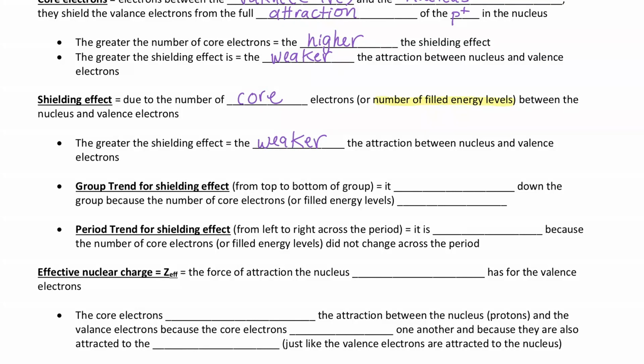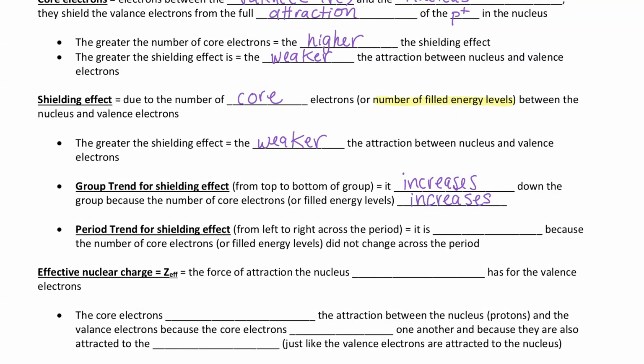Does the shielding increase or decrease? It's going to increase because the number of core electrons will increase. We get more energy levels as we go down a group.